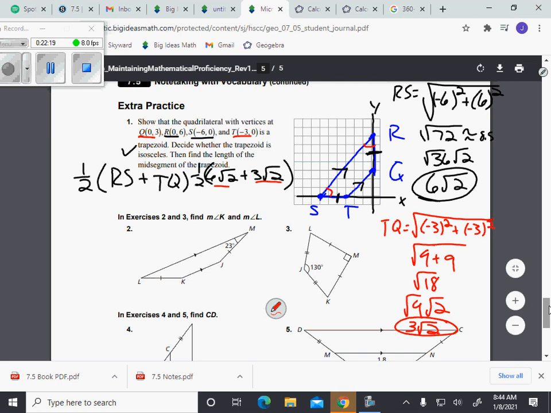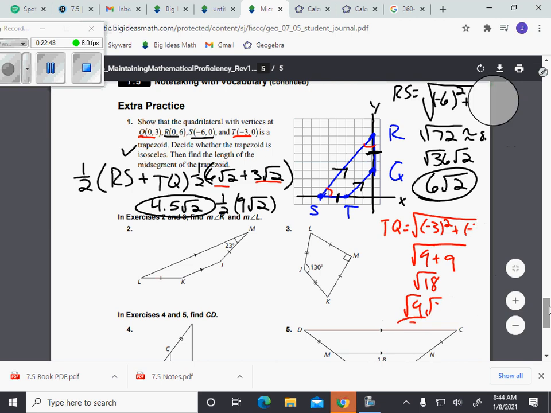We can add those together. 6 square root of 2 plus 3 square root of 2 is 9 square root of 2. We have to multiply that by 1/2, and you should get 4.5 square root of 2. A lot of steps to find the mid segment, but we can do it.